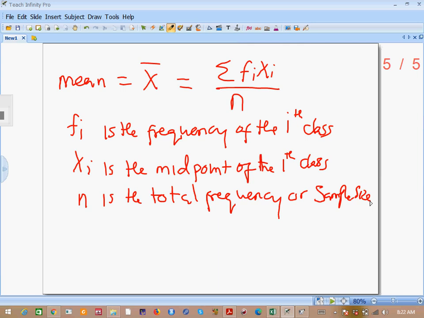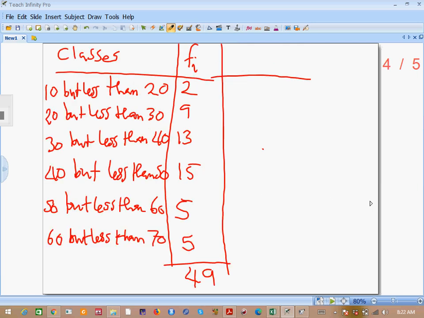So from our previous example, that means that we have our frequencies. We need to find the midpoint. That is the Xi. I already showed you how to find the midpoint. For the first class, you have 10 plus 20 divided by 2.